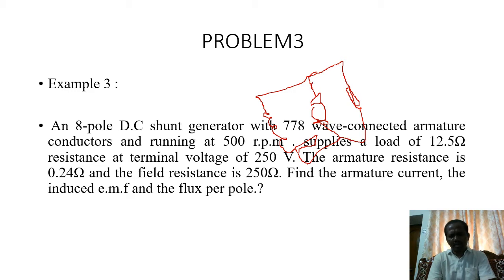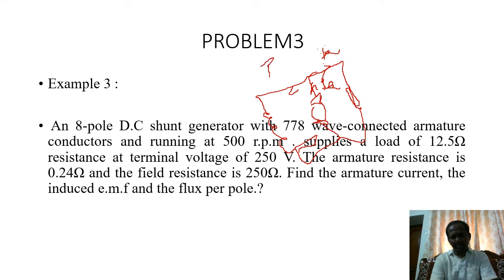The current through the armature is Ia, which is divided as IL and Ish, with shunt field resistance Rsh.